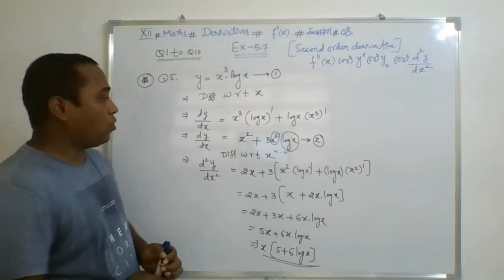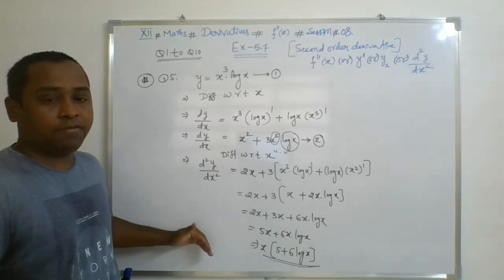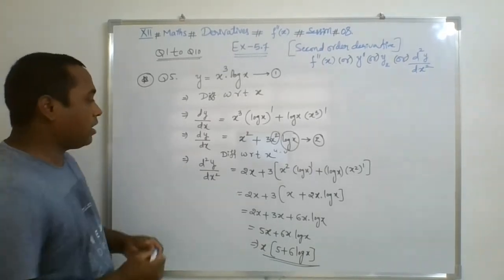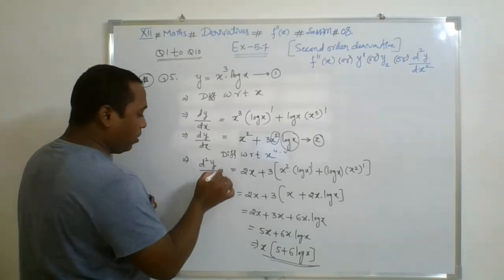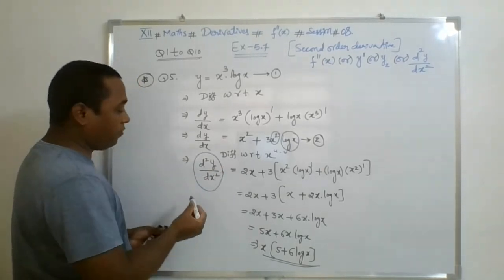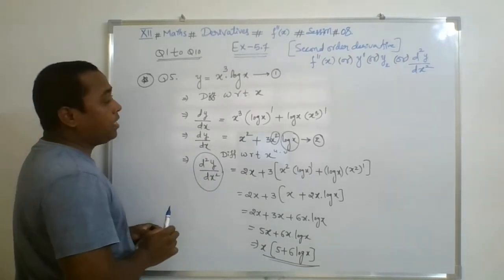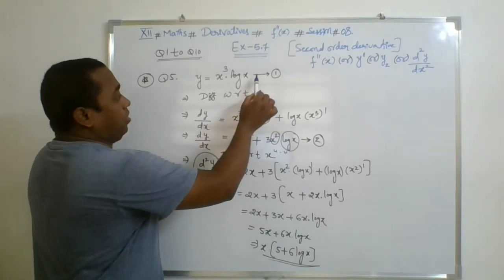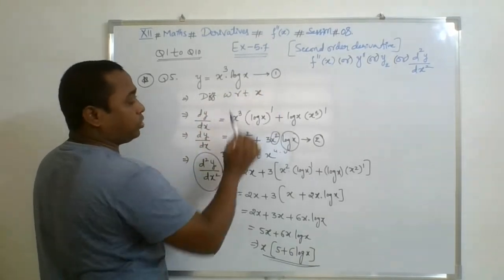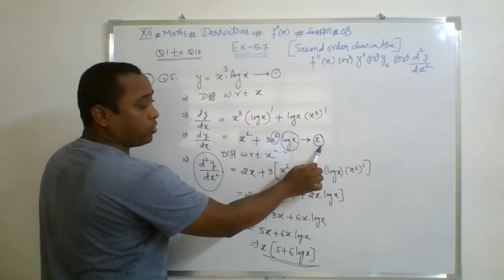That's it. So what I'm saying here is that while doing the double derivative, only one thing you need to take care of, that is the symbol we use to denote the double derivative. Very carefully you need to write d square y by dx square. Second, consider the given question as equation 1, and once you do the derivative, consider it as equation number 2.